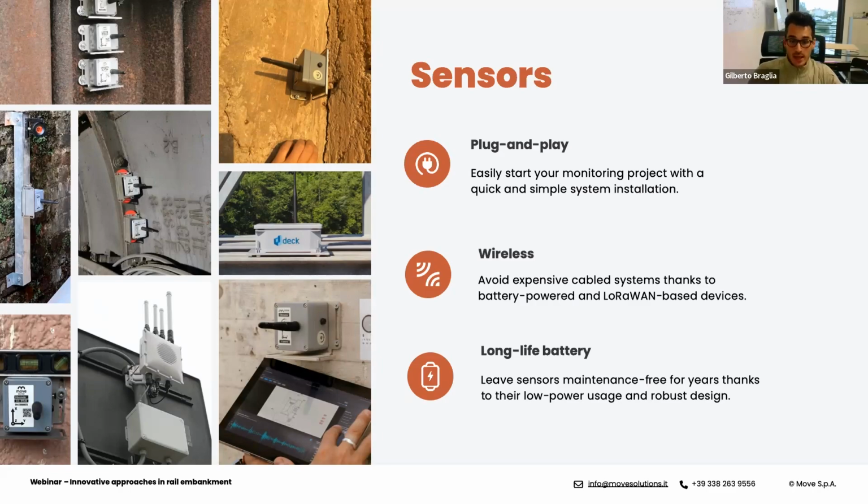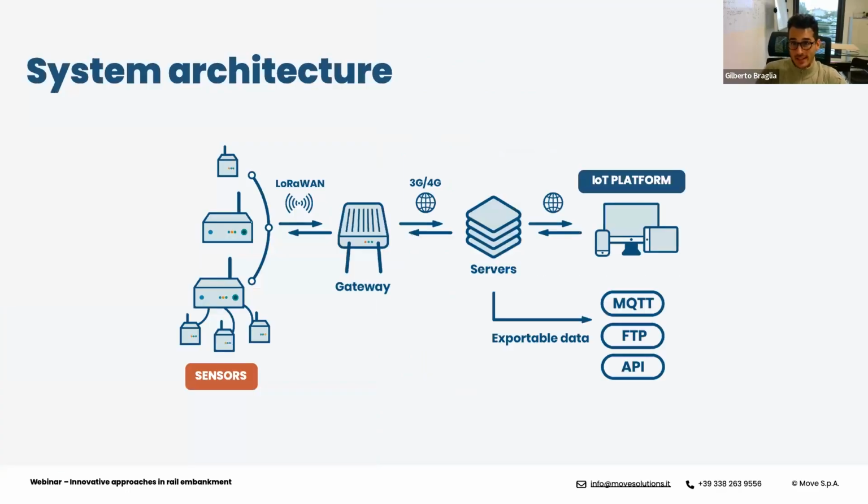So how does the system work? You basically place different sensors on an area, sensors of the same type or of different kinds, it doesn't matter, several sensors. All of those sensors communicate to a gateway, which is a central unit that receives all the data from the sensors, and the gateway then uploads everything to the cloud.